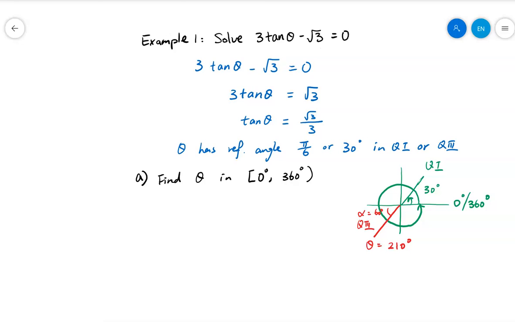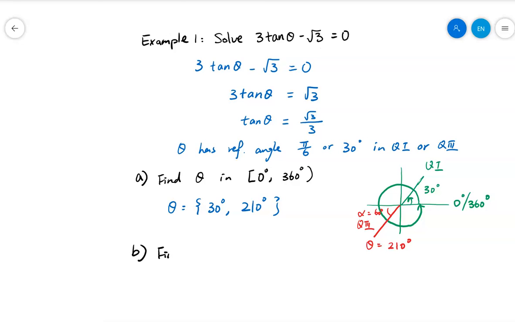So with this analysis, theta is going to be either 30 degrees or 210 degrees. So I have two answers: 30 degrees in quadrant 1, 210 in quadrant 3.